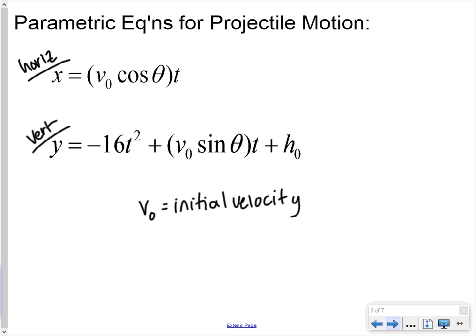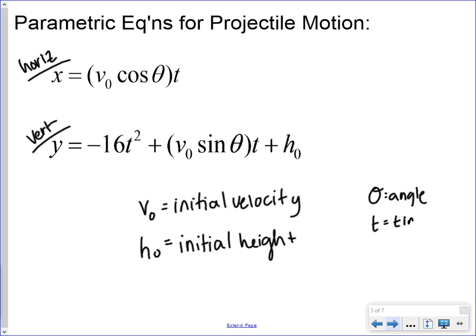So sometimes, if I'm throwing an object, the initial height would be wherever I release it in the air. What if you're on the ground? What would your initial height be? 0. Okay, so sometimes you could have a 0 there or not have a plus h sub 0. That would be fine. Just to clarify, theta, of course, is the angle at which the projectile is released, and then t is, of course, representing time. Okay, x is our horizontal distance, y is our vertical height.